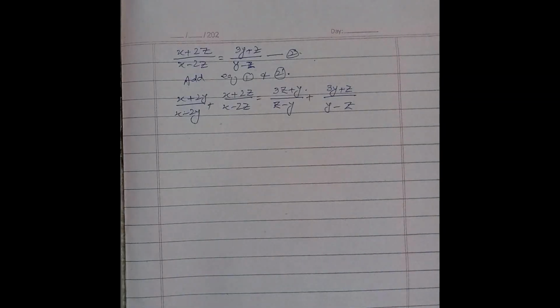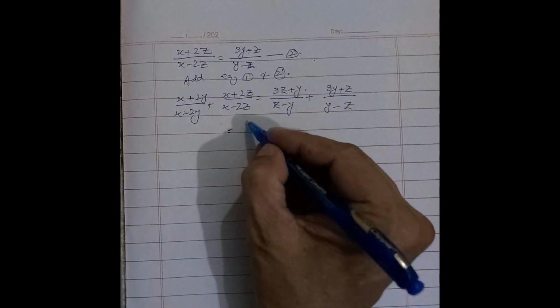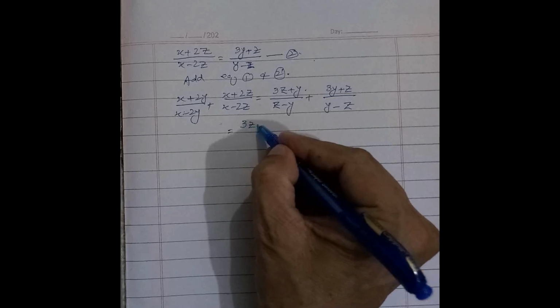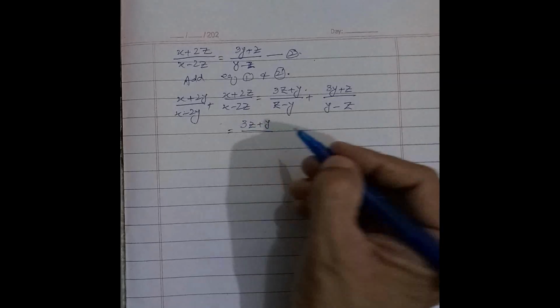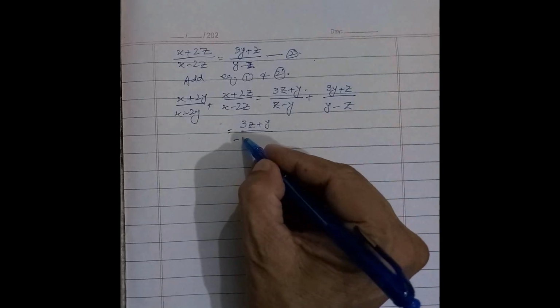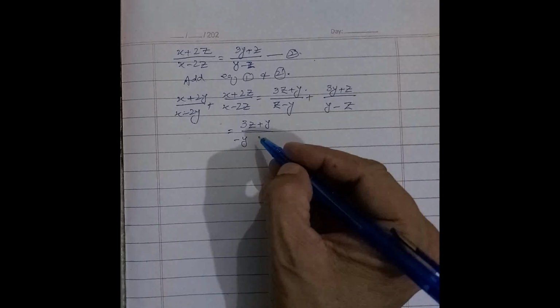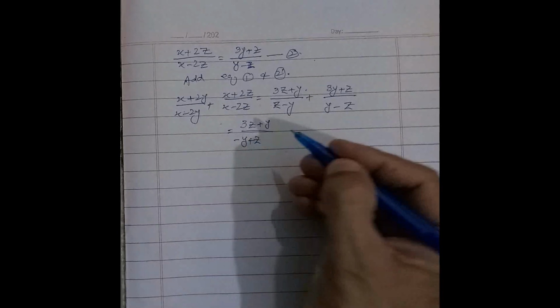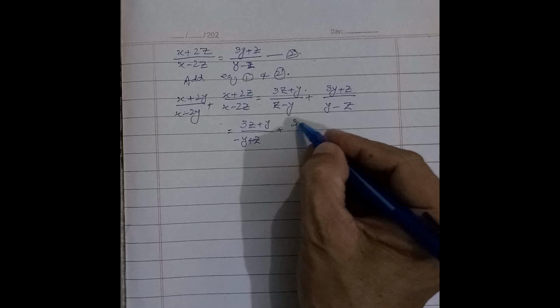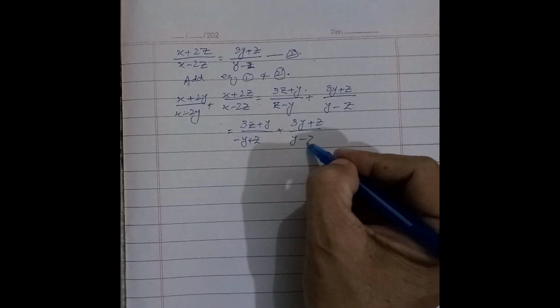And now we simplify the right hand side. 3z plus y over, we change them, minus y plus z, and plus 3y plus z over y minus z.